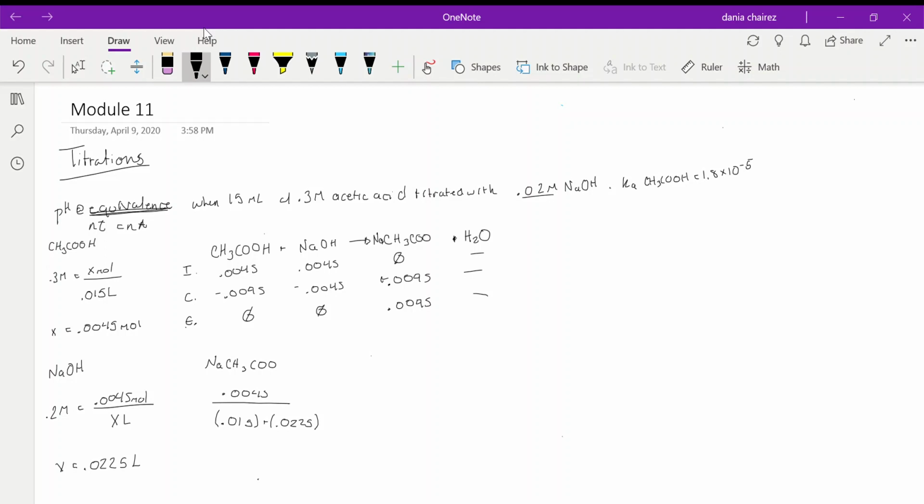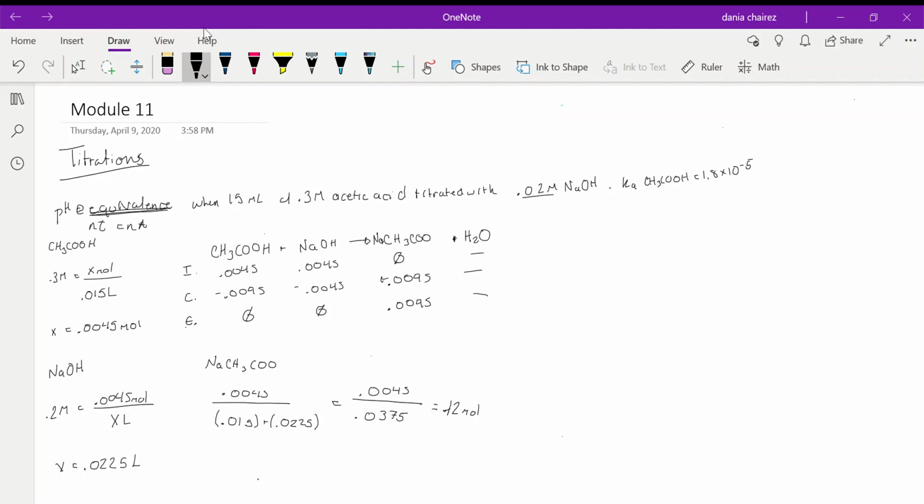So 0.015 plus 0.0225 gives us 0.0375. So then we end up with 0.12 molar.